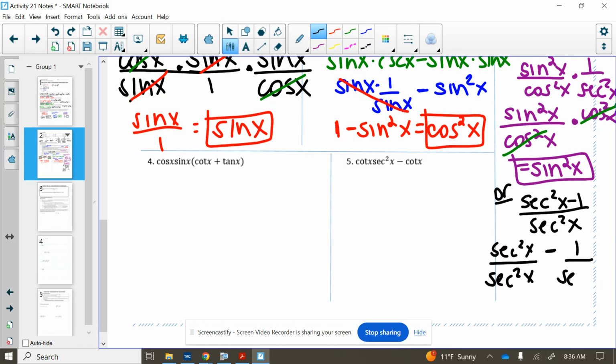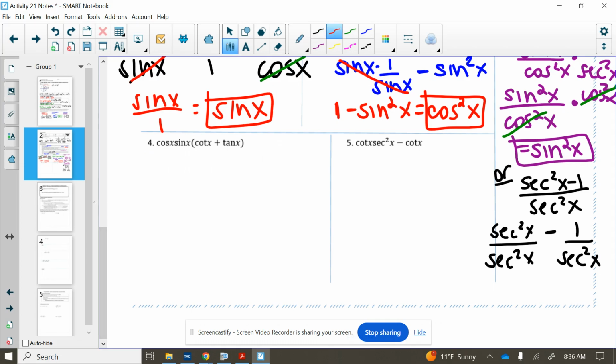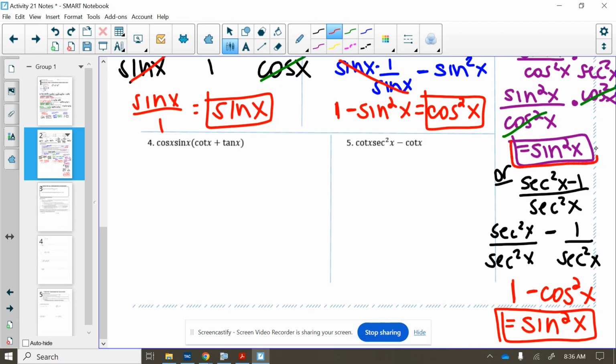So instead of having a least common denominator, it's like we're breaking it up into two separate ones. So what we notice on this, secant squared divided by secant squared, is just 1. 1 over secant squared can be rewritten as cosine squared. And then 1 minus cosine squared is our sine squared. So notice we got the same answer either way. There just sometimes is more than one way to view these problems.